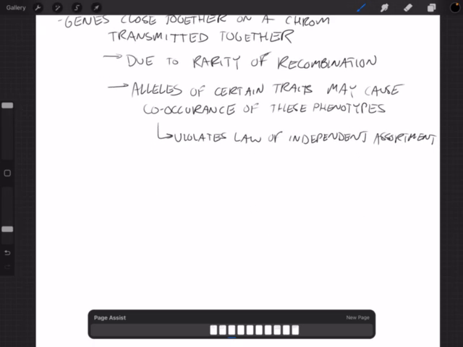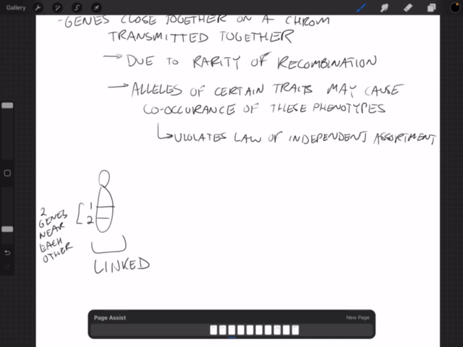So when we say linked, we mean very simply, these are our chromosomes here. We have two genes, and they're near each other on a chromosome. All right, these are linked. They are likely to be transmitted together during meiosis.